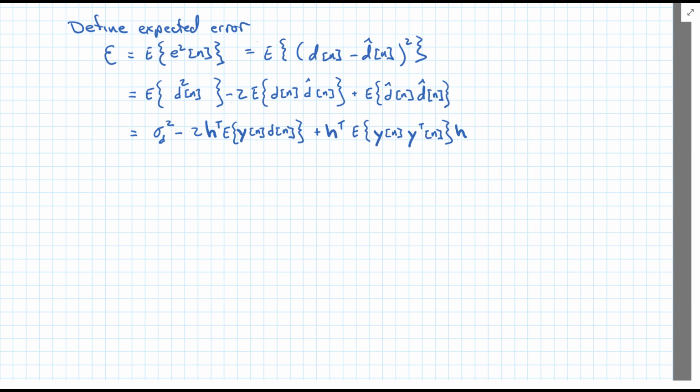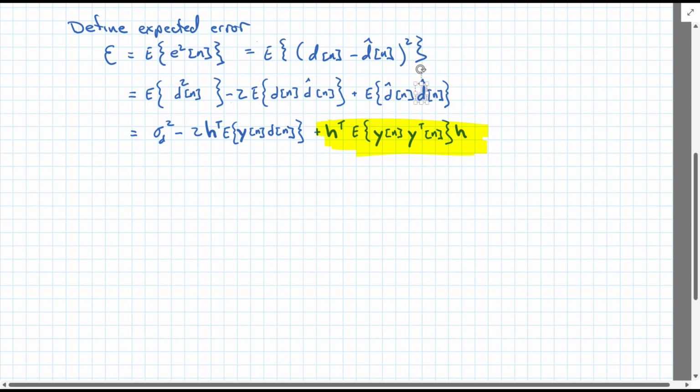Next, by substituting our expression for d hat as h transpose y, we can simplify things a little bit further. One thing to note in this last term here, if we just did h transpose y for both d hats, then we'd have something that looked like h transpose y times h transpose y, which doesn't make a lot of sense, or at least it's harder to work with.